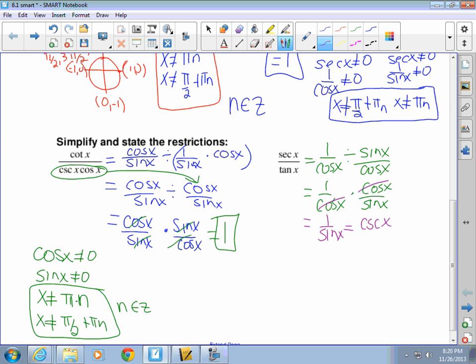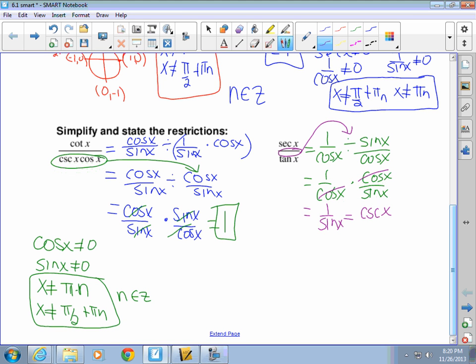So my restrictions is everything under the bar, and that bar is the equivalent of the divide sign, so everything after the divide sign, so that means the same thing. I have sin x is not equal to 0, and excuse me, cos x is not equal to 0.